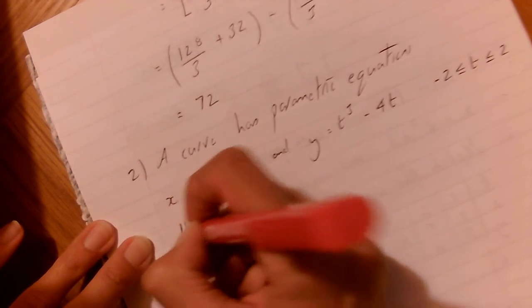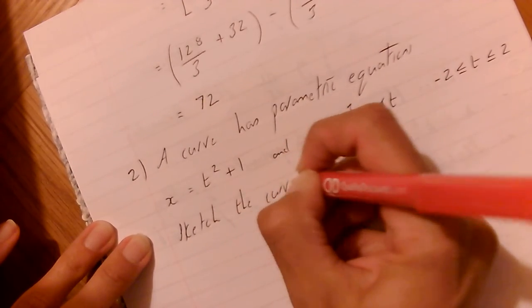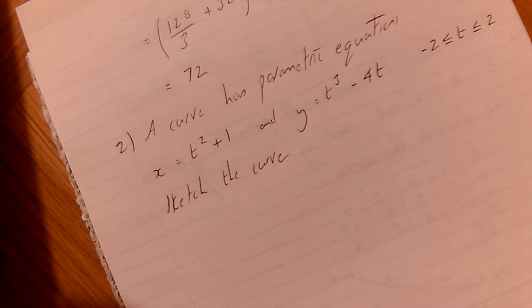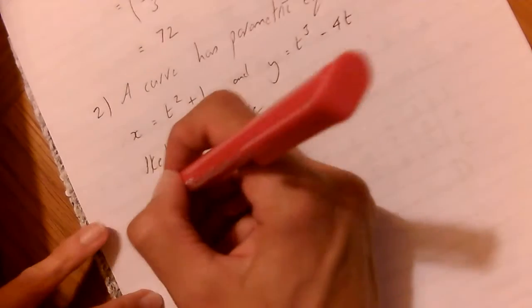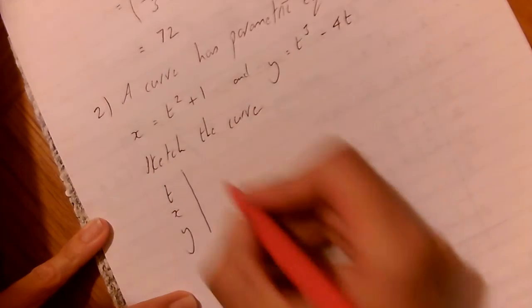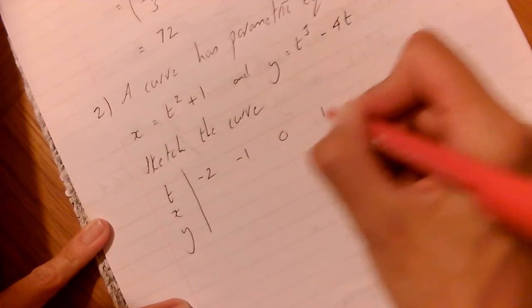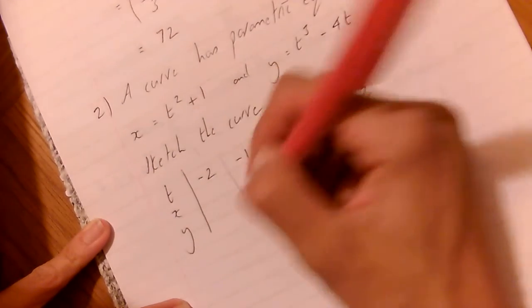And again we're going to sketch the curve. Excuse me, I know I've only got 15 minutes on each of these videos, so I have to go at a bit of a lick. So t, x and y, this time between -2, -1, 0, 1 and 2.